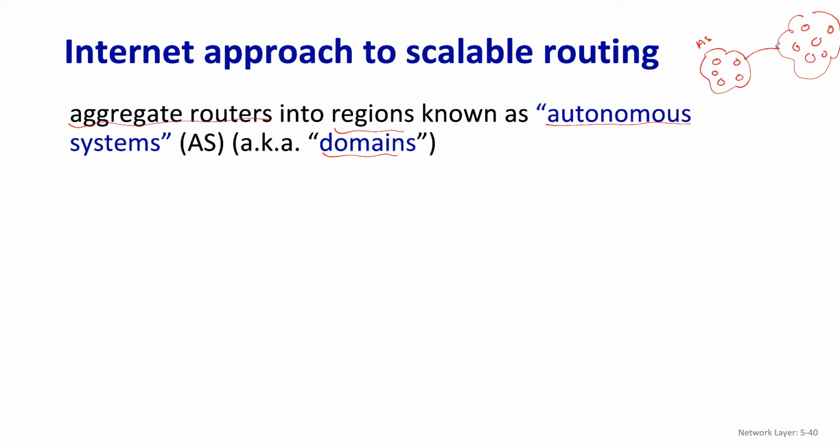Then we will link the two autonomous systems. This router here will act as a gateway to autonomous system number one, and the same thing for this one. This router here is going to be acting as a gateway for this autonomous system.